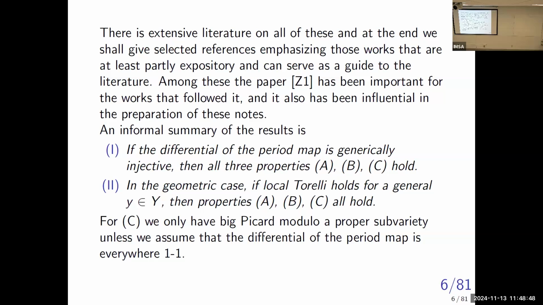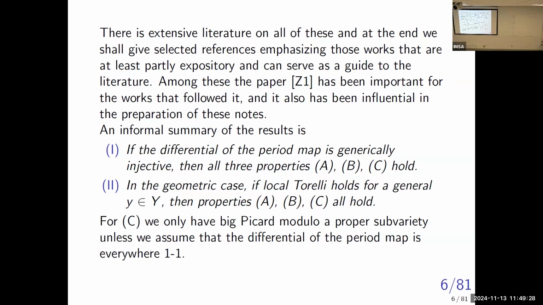In the geometric case, if you have local Torelli at a general point, that implies that the differential of the period map is generically injective and all these properties hold. So you may say, well, how strong a condition is it that the period mapping be locally injective? Or another way of phrasing it is, when can you have a one parameter family of, say, algebraic varieties where the Hodge structure is locally constant, doesn't vary?